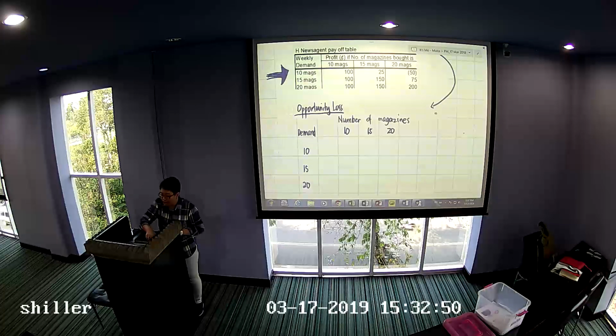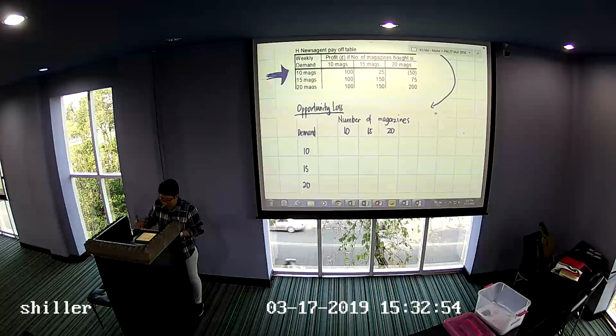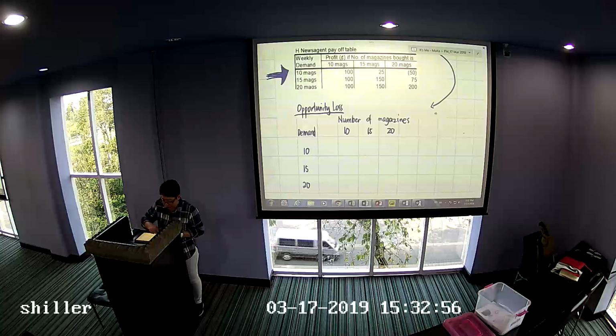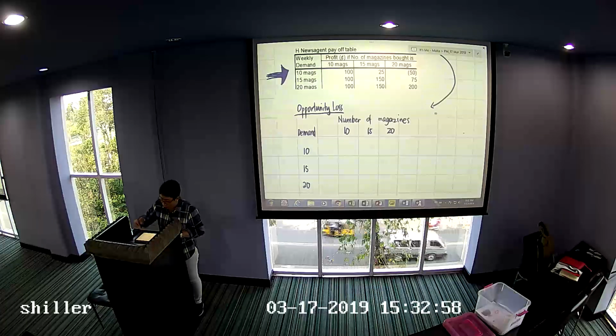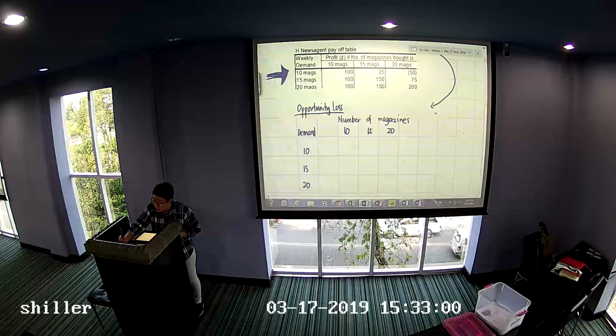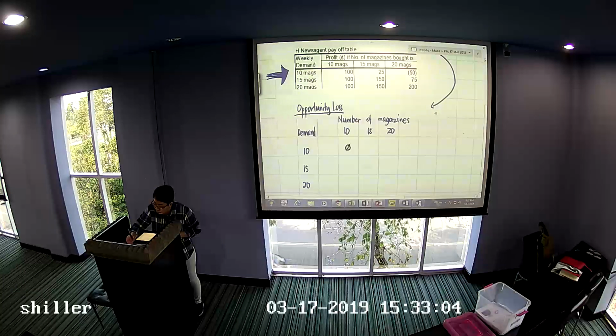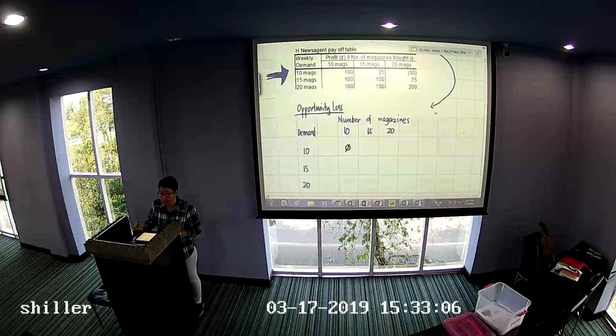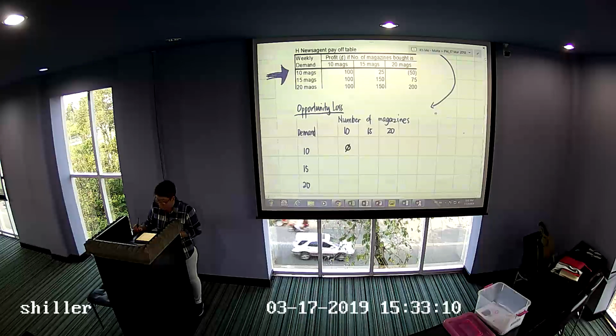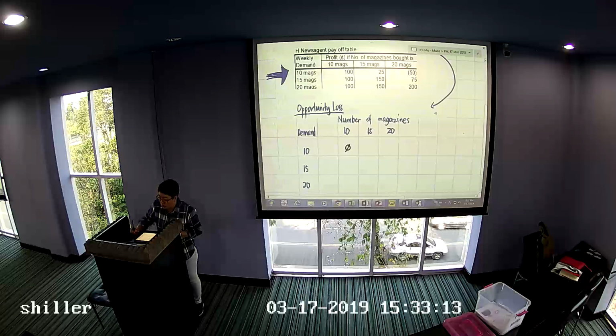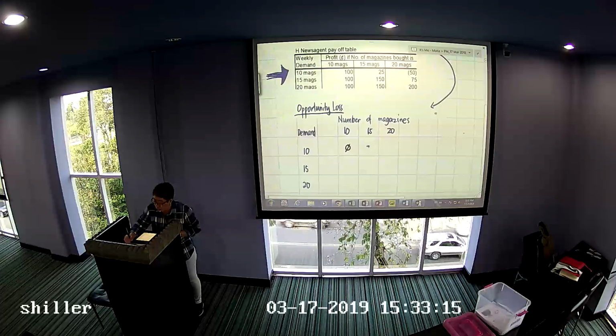If the demand is 0, what is the best solution? Okay, so 10. So this one therefore will be, let me use another color, 0. Is that correct? Then, but if you had 15 magazines, what will be the opportunity loss? 75.